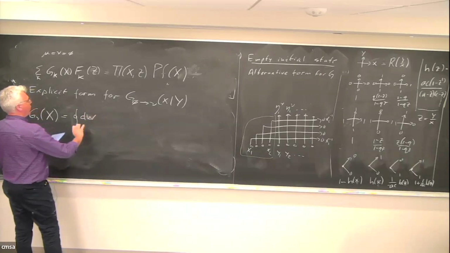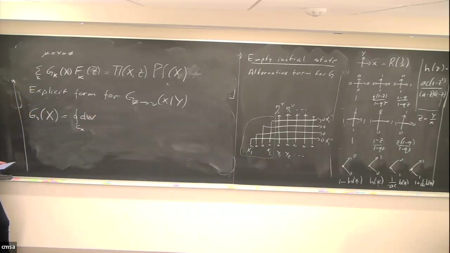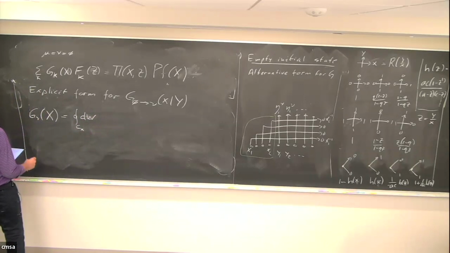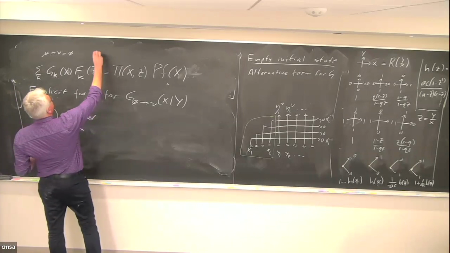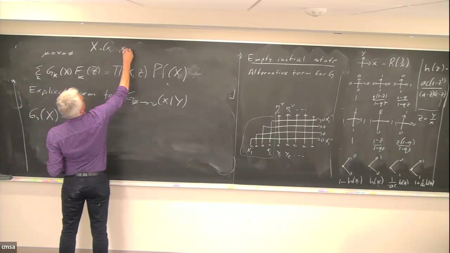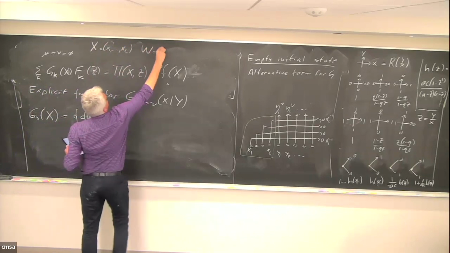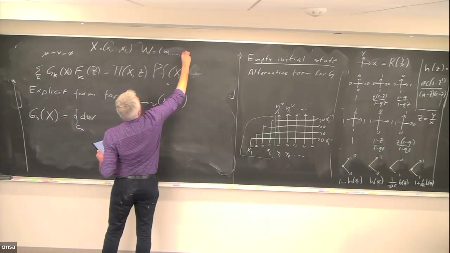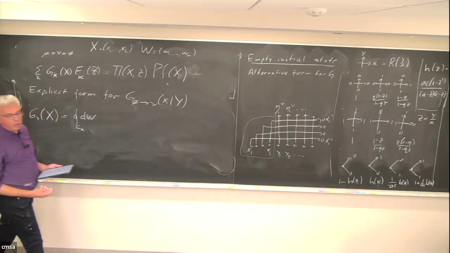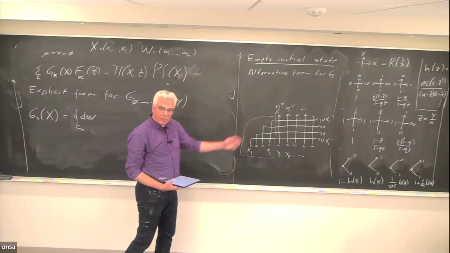So with dw, I just mean the product of dw_1 up to dw_n, n being the size of the alphabet. I should have written that somewhere. L_x is x_1 up to x_L, w equals w_1 to w_n. And y is just an infinite alphabet in y's, like a spectator alphabet.